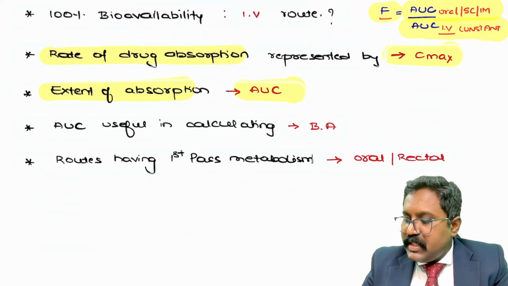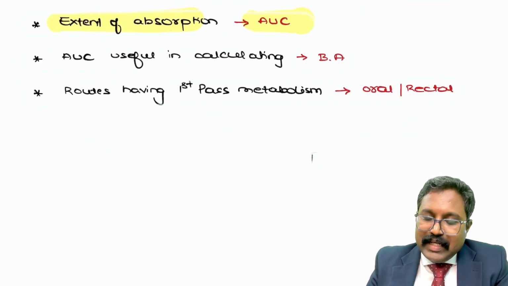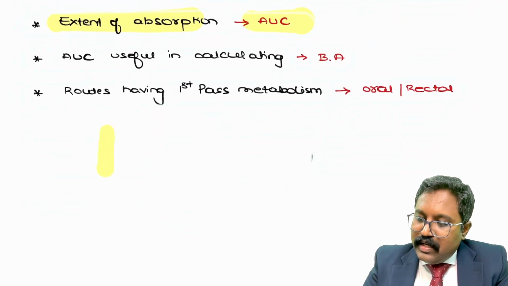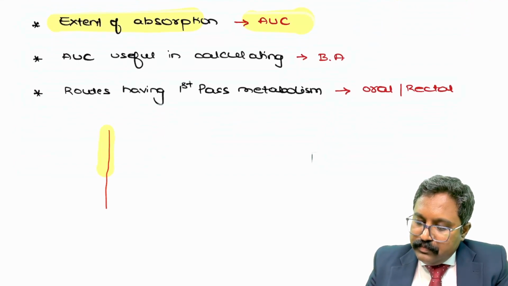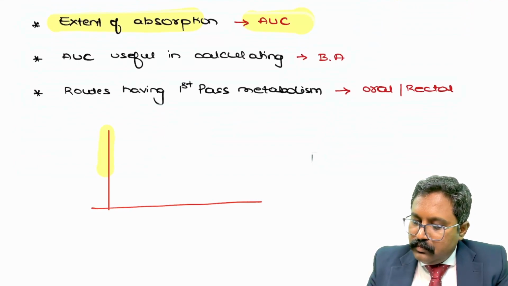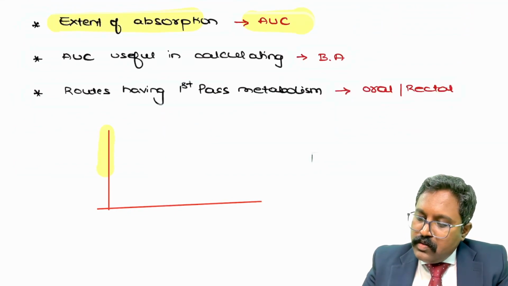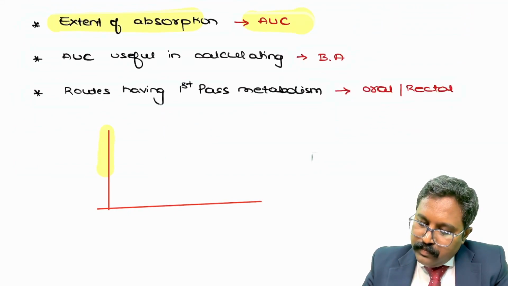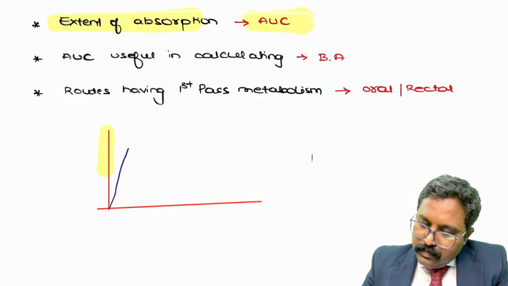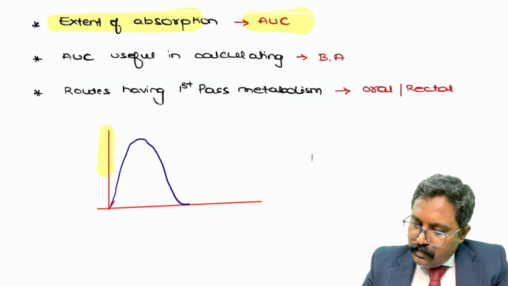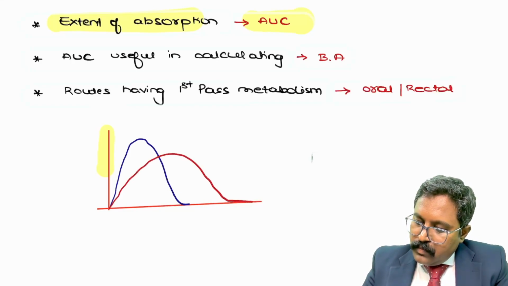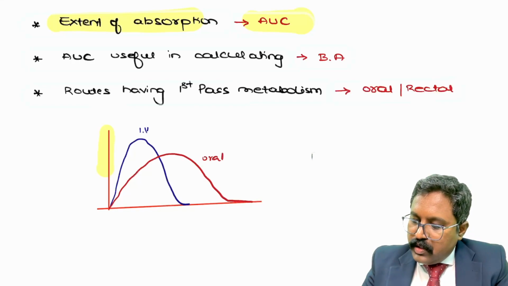So how do you represent this diagrammatically? When you draw a graph, this will be your oral route, and this will be your IV route.